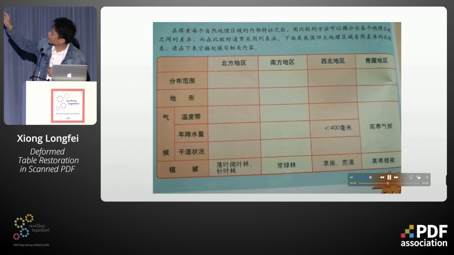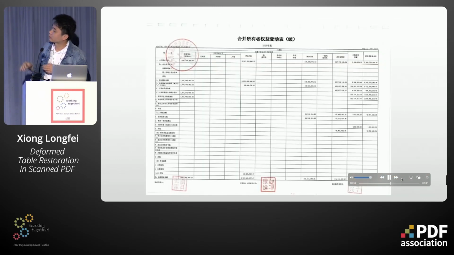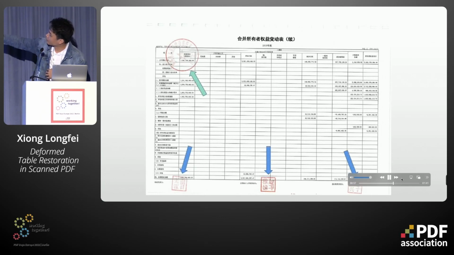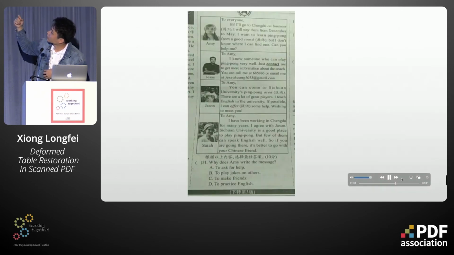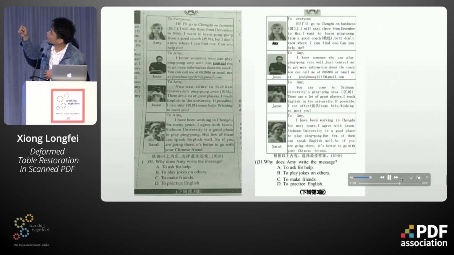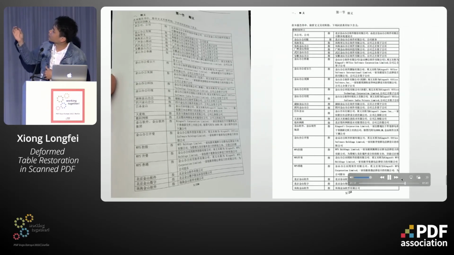This one is with color and curved, and now the result is flat. And this kind of sample is with stamps or handwriting. It's okay with images in the table cells. It can be restored. And this one is with curved paper, and it can be produced perfectly.